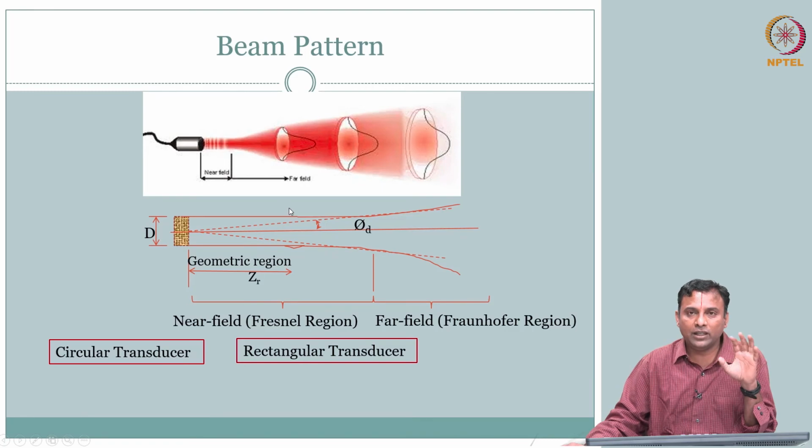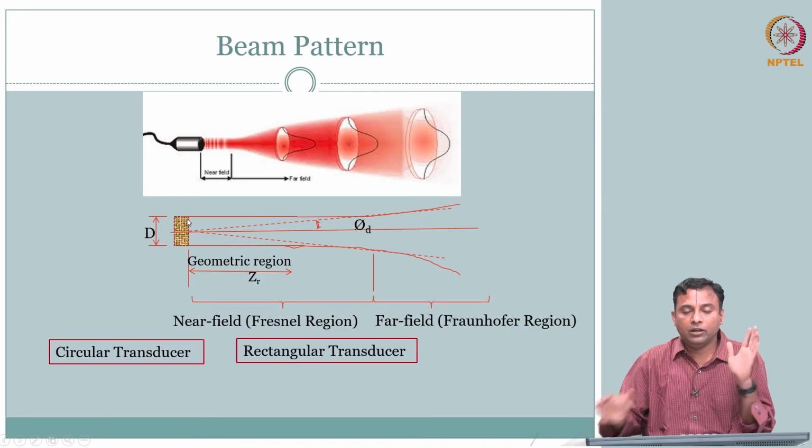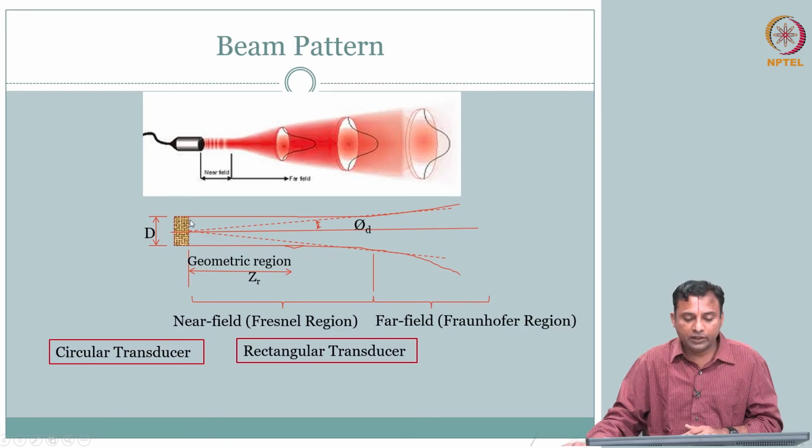So in order to do that, at the first level, roughly this is what you see. There is a geometric region. There are key terms that we will encounter. What we will have is what is called a near field or Fresnel region. Essentially you have the thickness mode of your crystal.